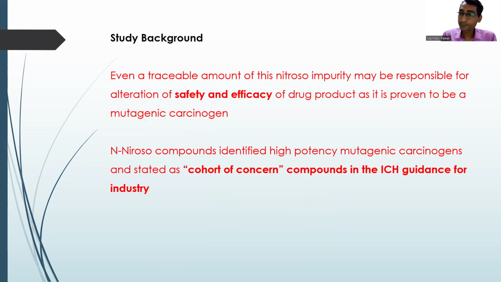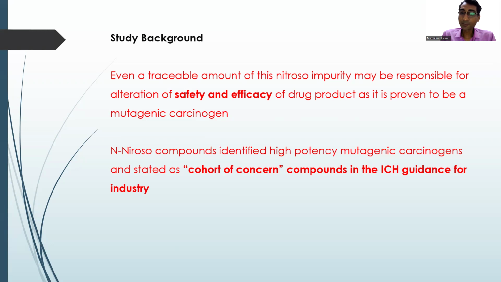On the basis of this discovery, all the regulators like ICH, EMA, and USFDA have high concern about this because it deals with human safety, and they decided the specification limit for that and gave the guidance for that.